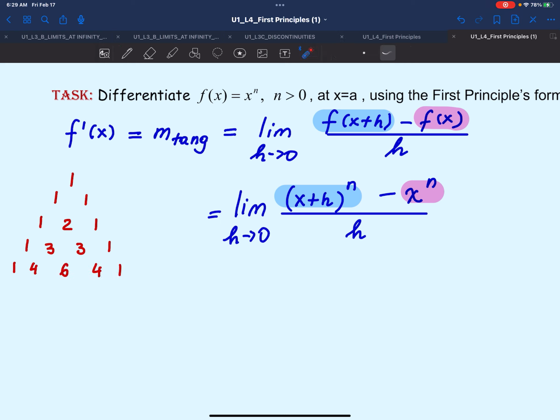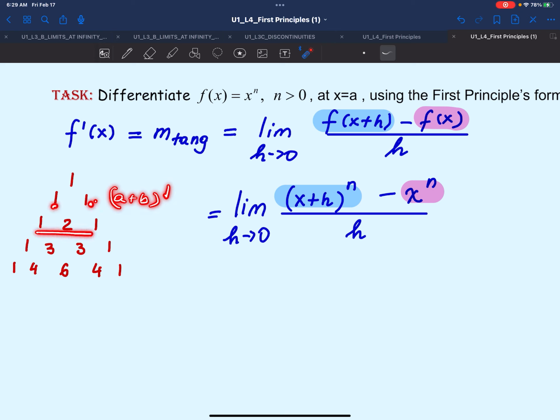And remember that when we expand a plus b to the power of 0, the answer was 1. So that's why we call this row 0, because it helps us expand a plus b to the power of 0. For a plus b to the power of 1, we use row 1.